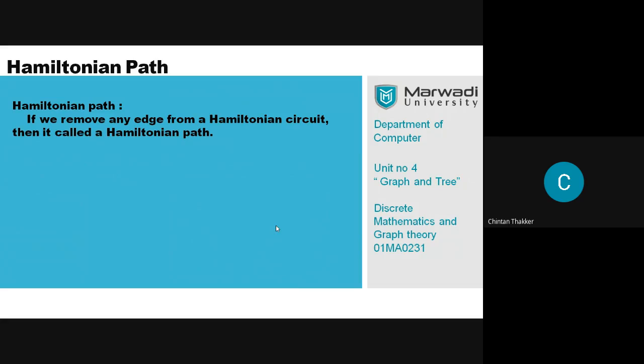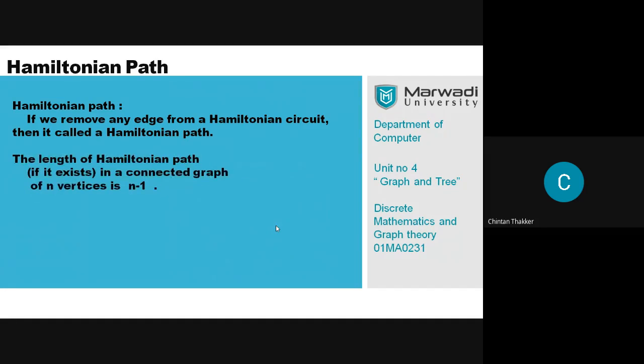Then we have the definition of Hamiltonian path. What is the Hamiltonian path? If we have the Hamiltonian circuit, that is one circuit which contains all vertices, then if we delete the last vertex, we get a path.